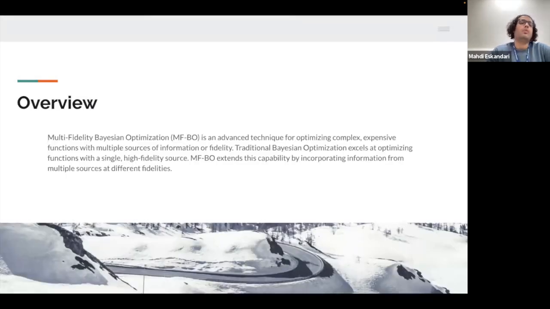The overview of what I'm going to talk about today is multi-fidelity Bayesian optimization. Bayesian optimization is an advanced technique for optimizing complex and expensive to evaluate functions, typically maximizing or minimizing functions when multiple sources of information or fidelity are available.